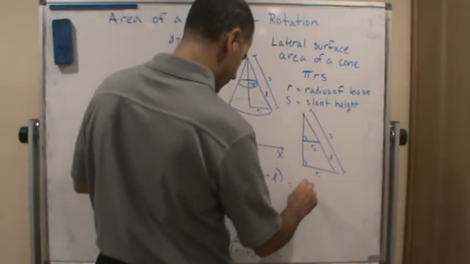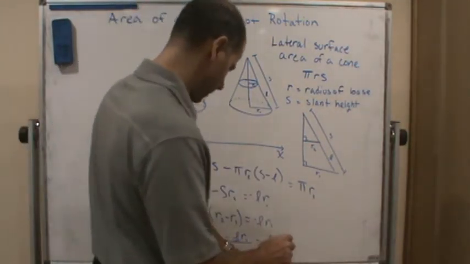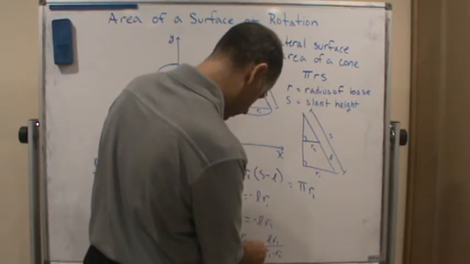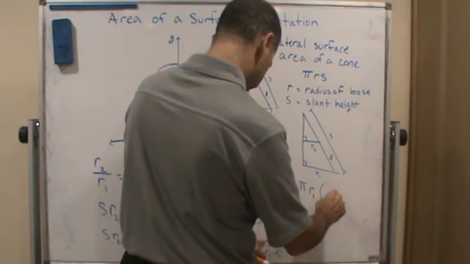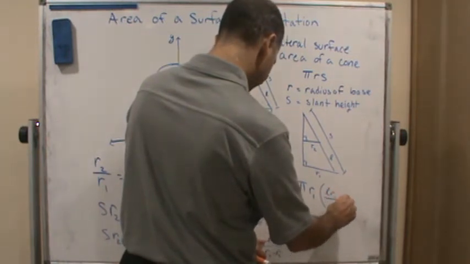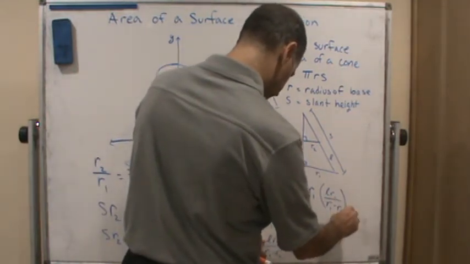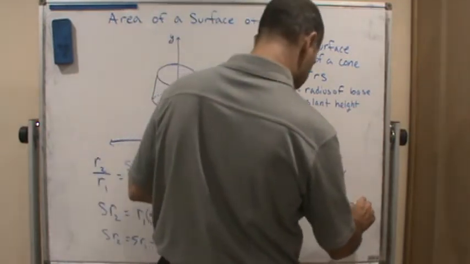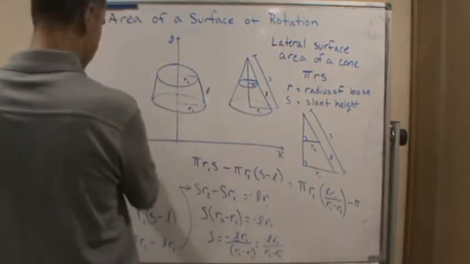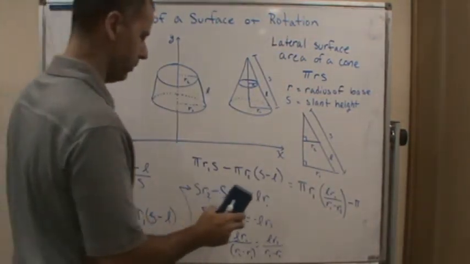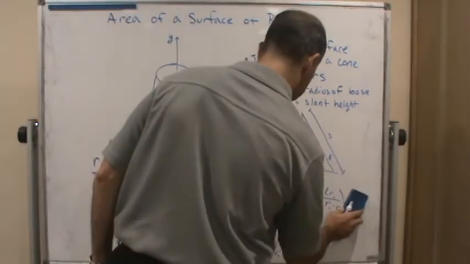I get pi r1, and then s becomes that, and then minus pi r2. I'm going to run out of room, so make sure you write this down. I'm going to erase, so let me write it over here.